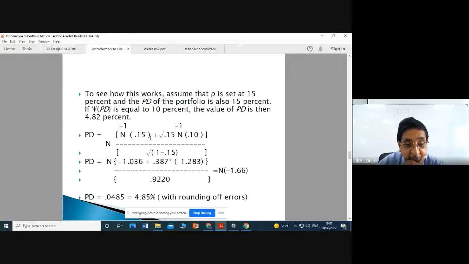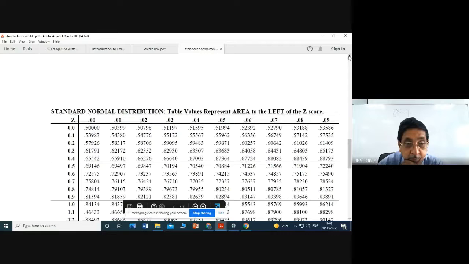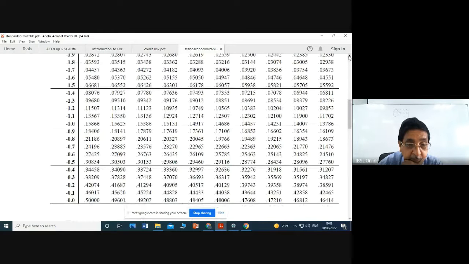Then you check N minus 1, 0.15. So now you have to check with the normal curve table, 0.15. You might not get it on the table, but we will see.